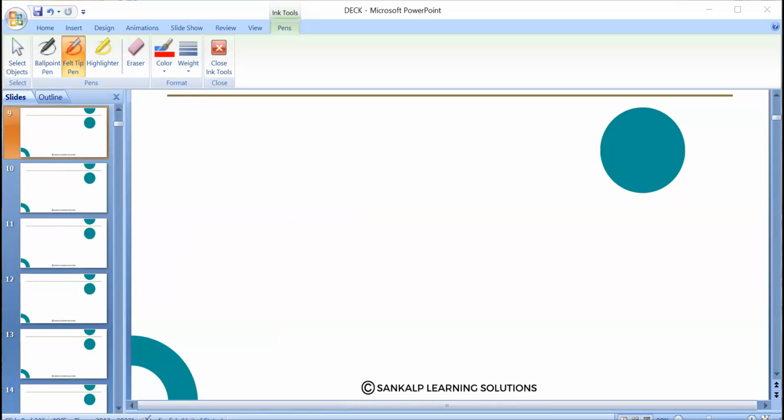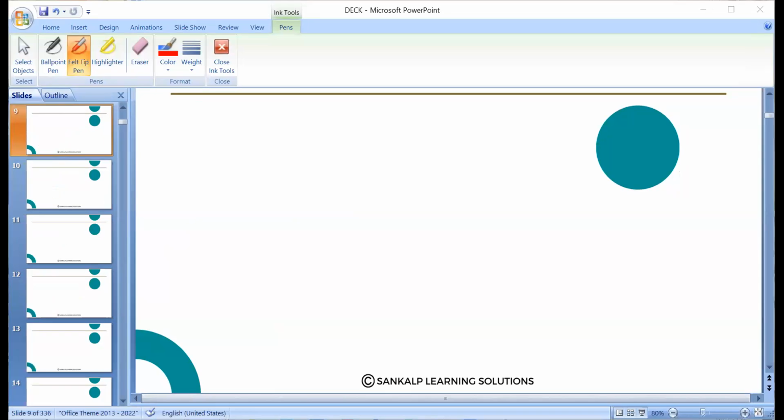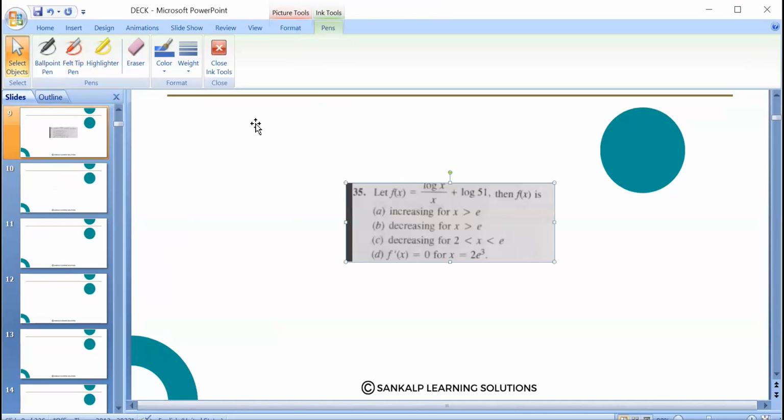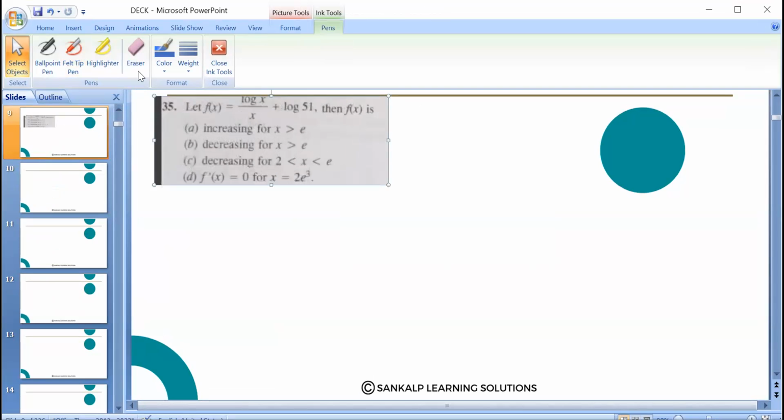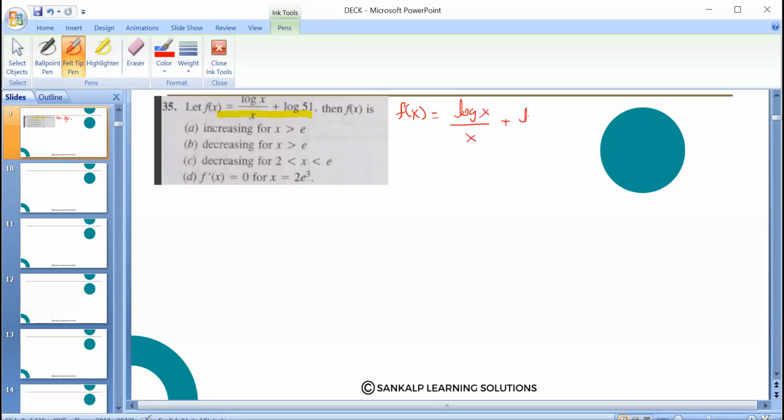Next is question number 35. f of x is log x by x plus log of 51. So take the function log of x by x plus log of 51.